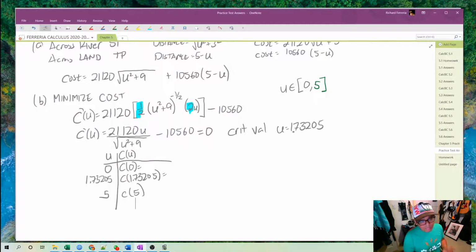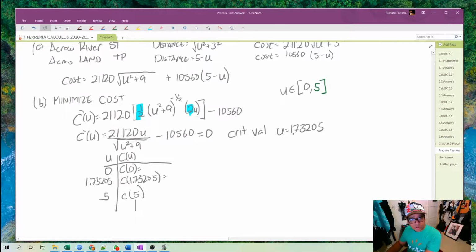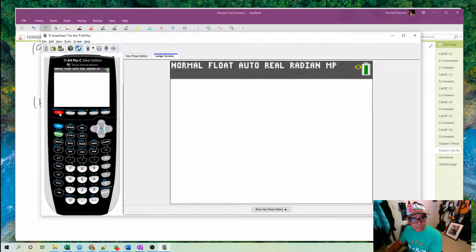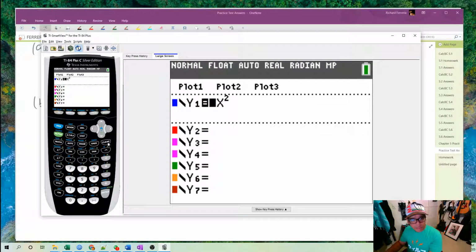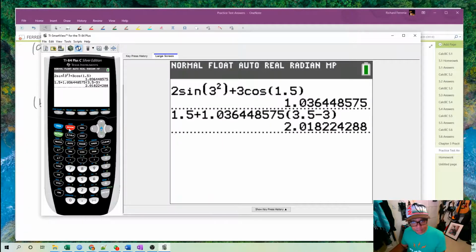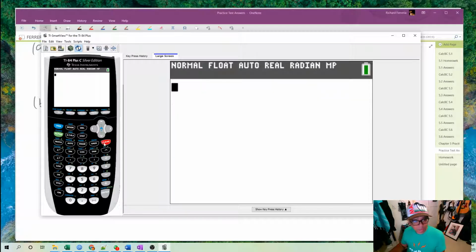Here we've got that candidate test set up in our chart, and let's go to our calculator to make this a little bit faster. We're going to start by going into the y equals menu, and we're going to put in our cost function. With our cost function in y1, now all we need to do is come back to the home screen and evaluate y1.